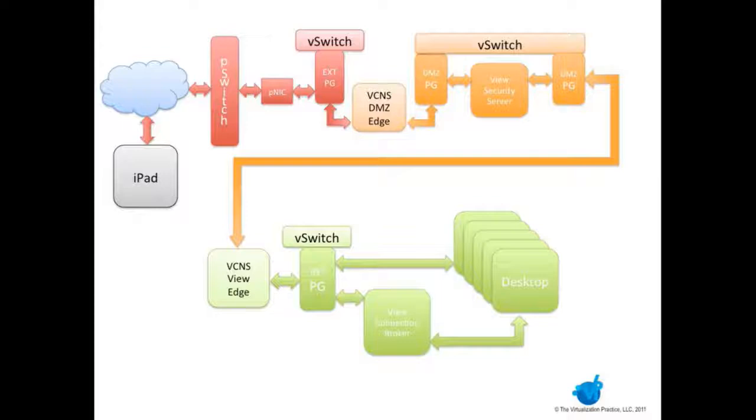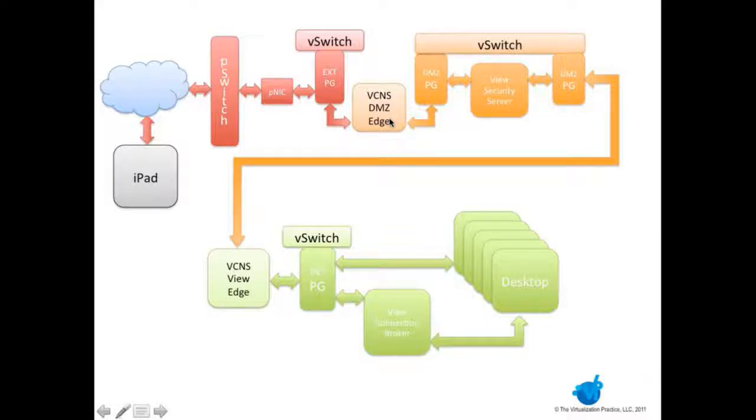So what I've done here is this is the endpoint of where I want to go. I normally launch from my iPad. I start with my iPad. I go through my physical switches to my network. I hit my vCNS DMZ.